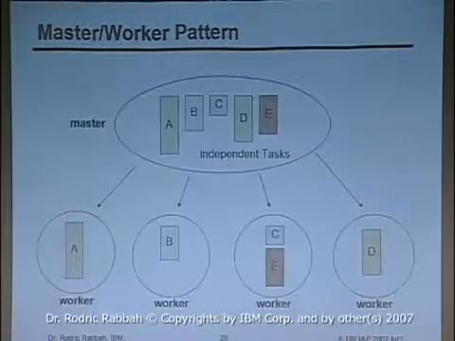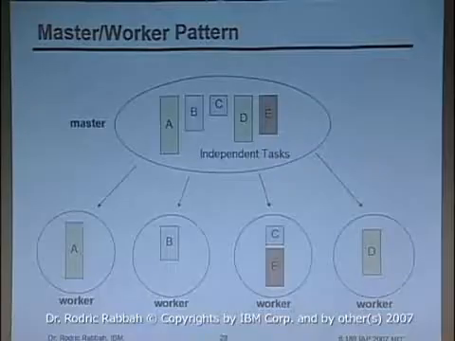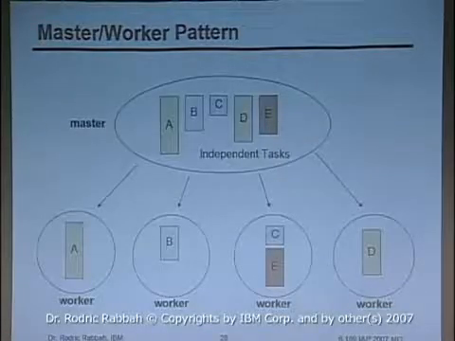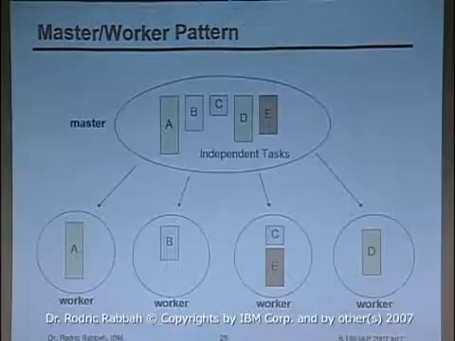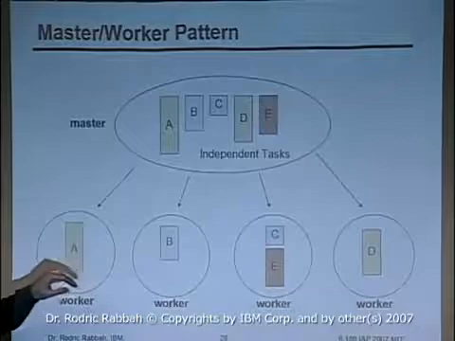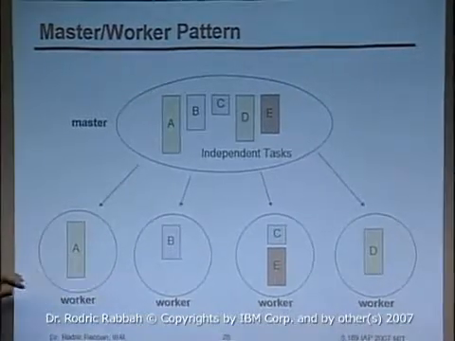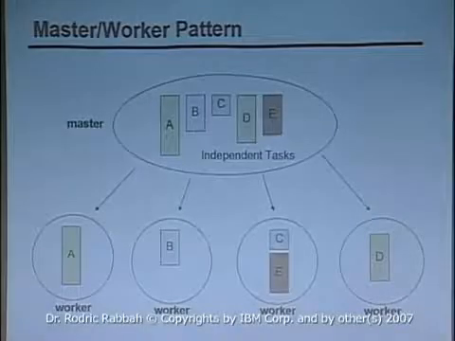If your tasks vary in nature, and they might finish at different times, or they require different kinds of resources, you can use this model to view your machine as a non-symmetric processor. Not everybody is the same, and you can use this model really well for that. You can distribute these tasks, and then you can do dynamic load balancing, because as workers finish, you can ship them more and more data.